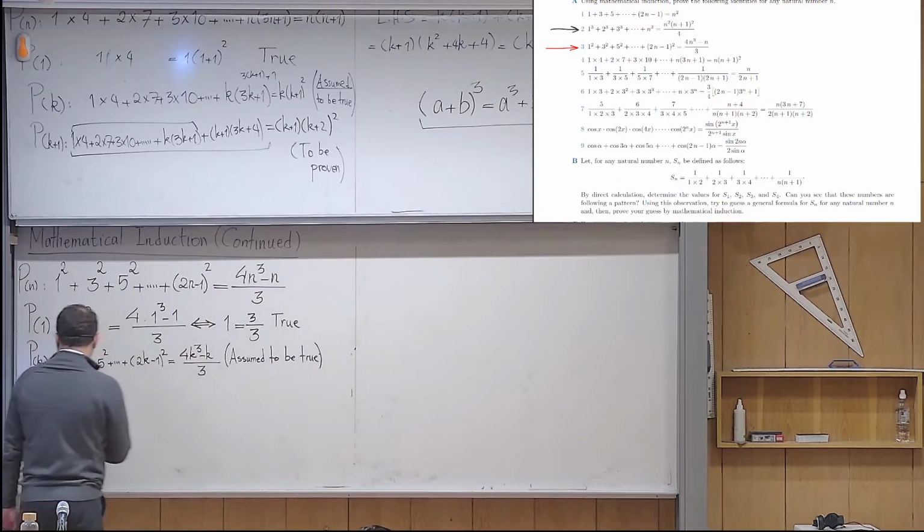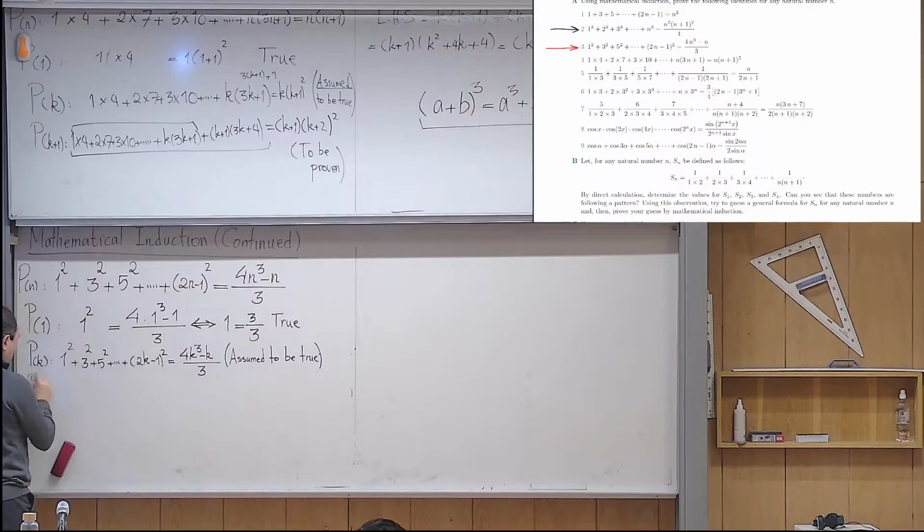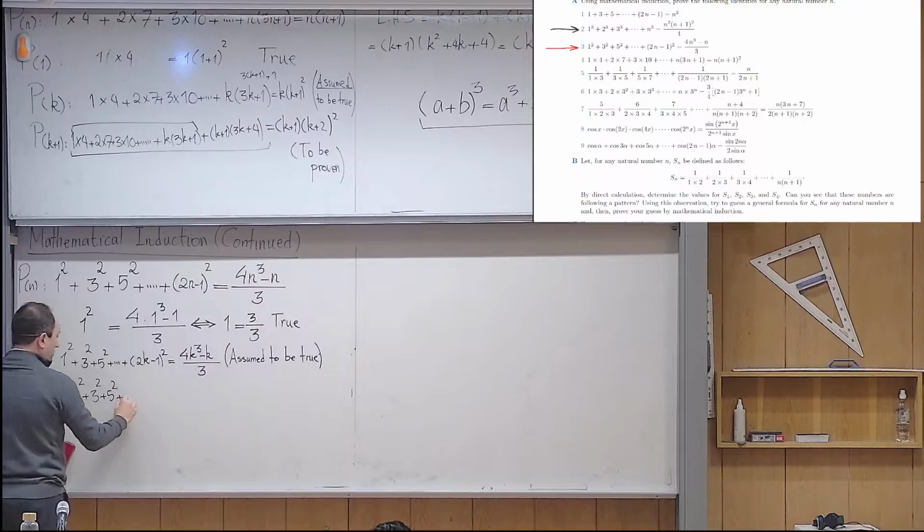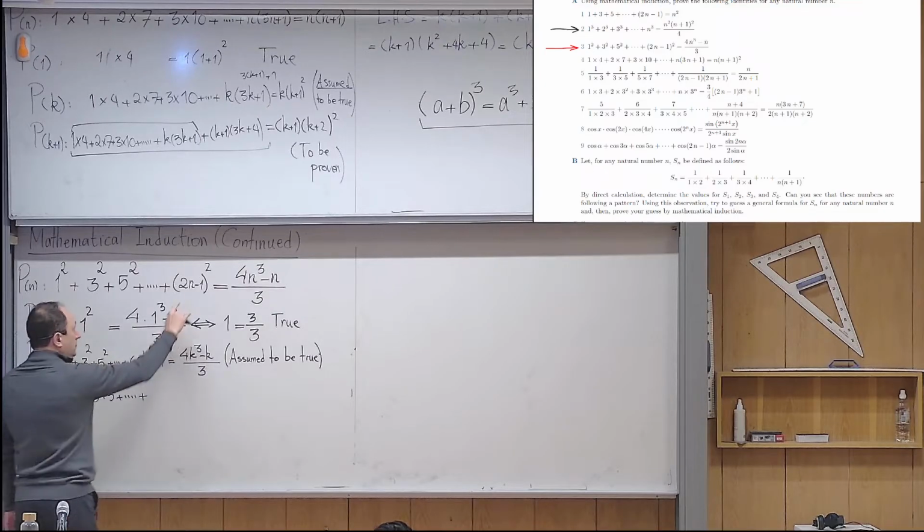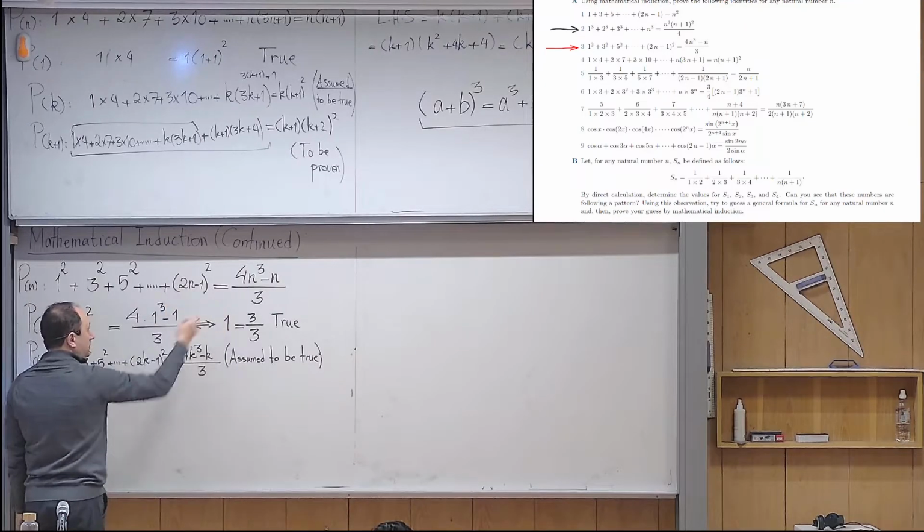Then we show that the next step is also definitely true. So I need to rewrite my statement, but I have to replace n with k plus 1 everywhere. Then this becomes 1 to the power of 2 plus 3 to the power 2, 5 to the power 2, and I continue until n becomes k plus 1.